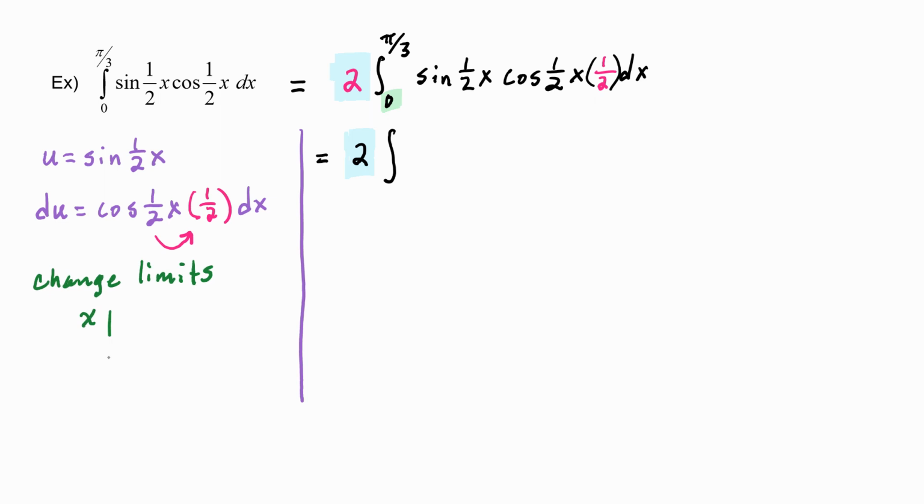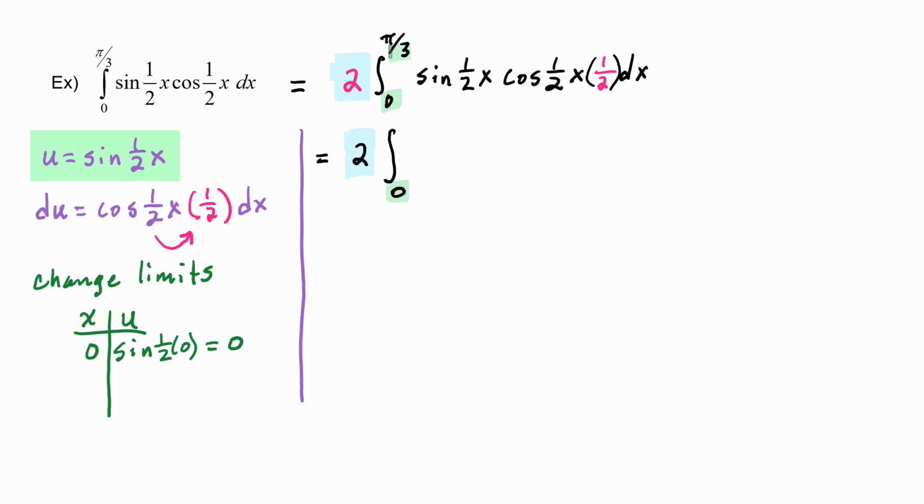The lower limit in the x integral used to be 0. So in the u integral, it's going to be the sine of 1/2 times 0, and we know the sine of 0 is equal to 0. So in the new integral, the lower limit is also 0.